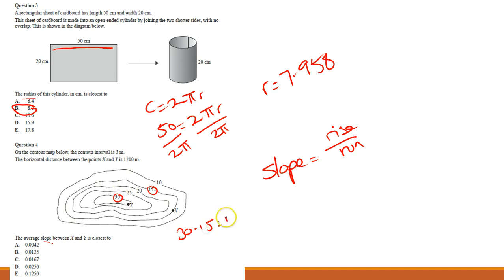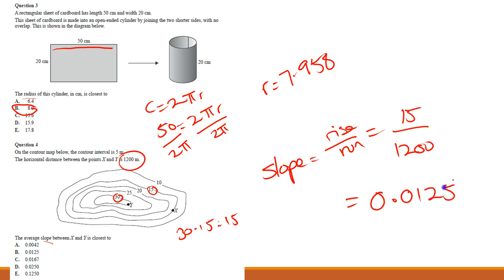So 30 minus 15 is 15. So we have 15. And our run, it says it here, 1200. Put that in the CAS and we get 0.0125, which is answer B. 62% of the state got that one correct.